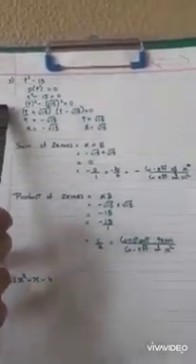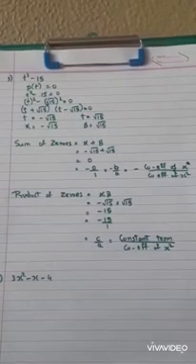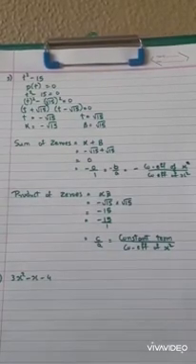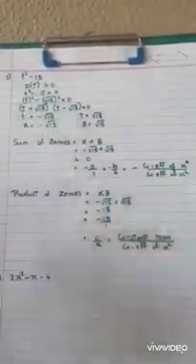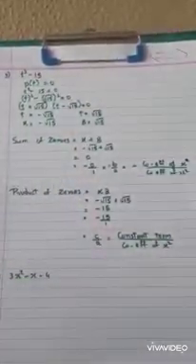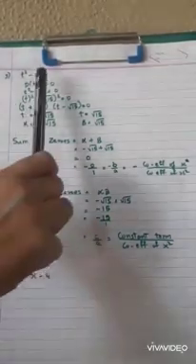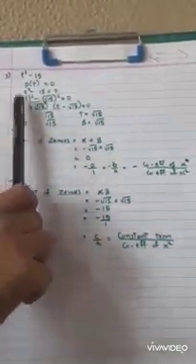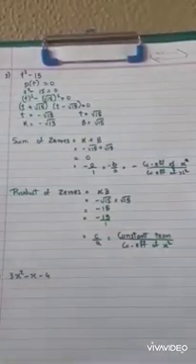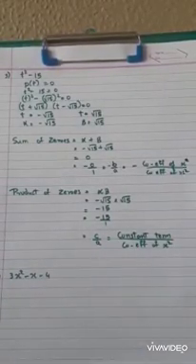Now question number 5. It is t square minus 15. Here we have to find the zeros. Here the x term is not there, that means t is there. So we write p of t equals 0. t square minus 15 equals 0. Here both the terms are perfect squares with a minus sign in between, so the formula will be a square minus b square. t square we write as t whole square, and 15 also we write in the form of a square, that means root 15 whole square equals 15.